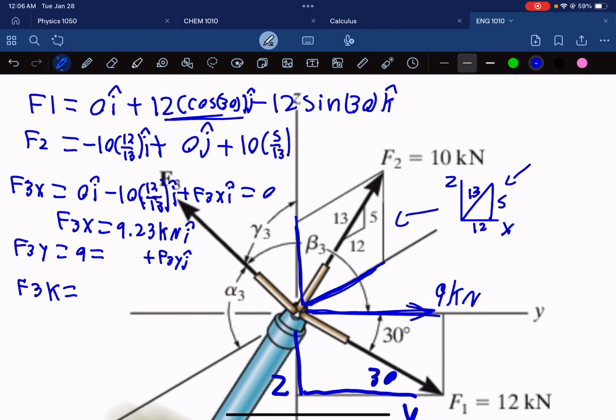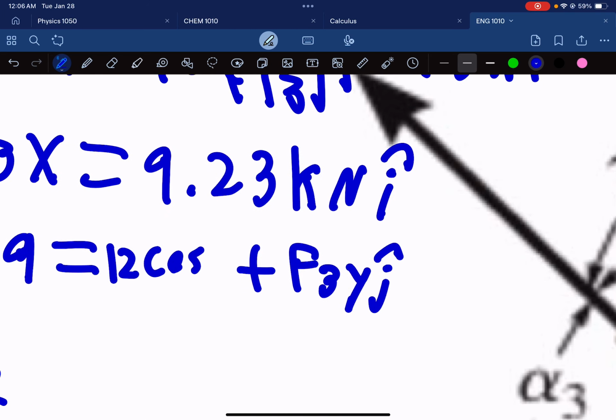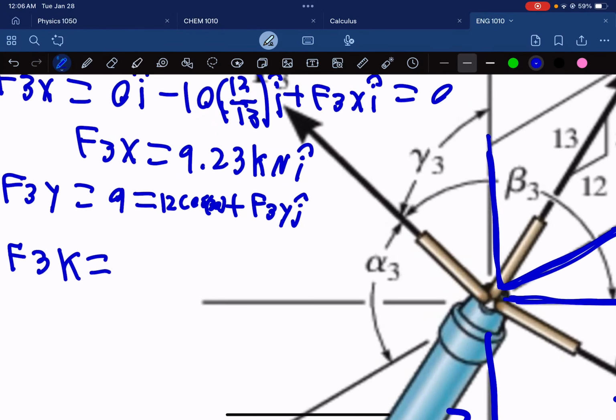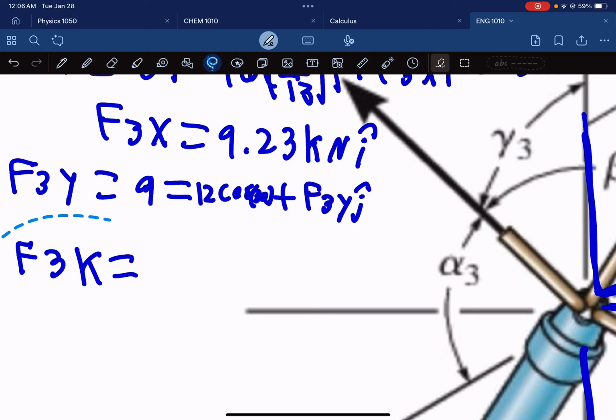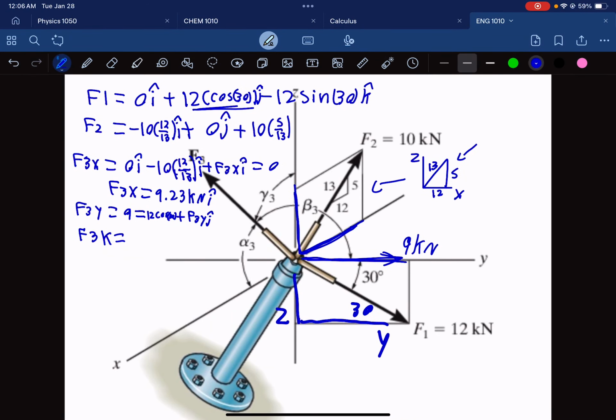So we have 12 cos 30 there. 12 cos 30. Sorry for the messy writing. Just like that. And then we have f3k here, which we just add our k's up, so it's going to be negative 12 sine 30 in f1 and 10 and 5 over 13 in f2.